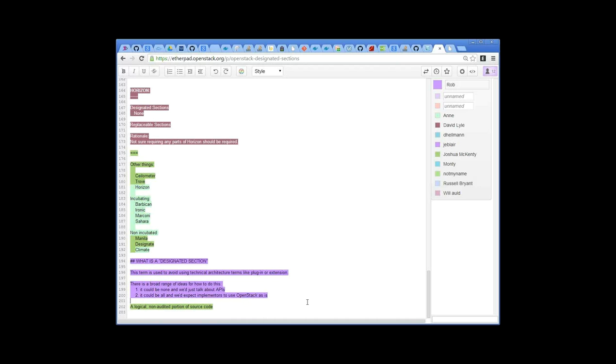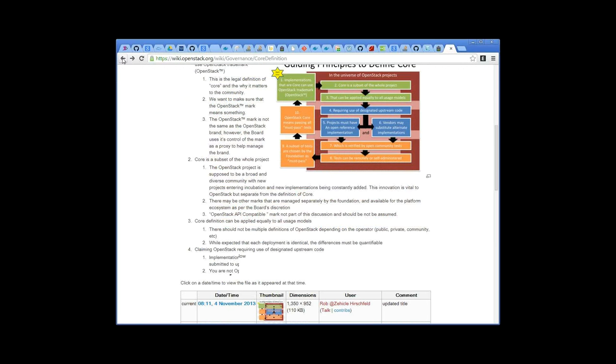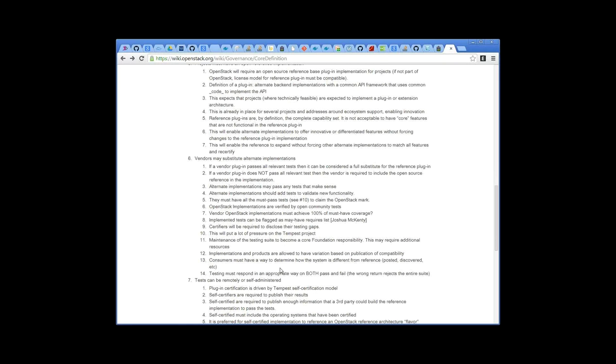As a follow-up, if you look on the wiki, the core definition page, sentence 6.13 says consumers must have a way to determine how the system is different from reference, either posted, discovered, or et cetera. My understanding, to use your example of the Cinder drivers, is that the point of Cinder, in a large part, is to abstract away some of the differences in drivers behind a common API.